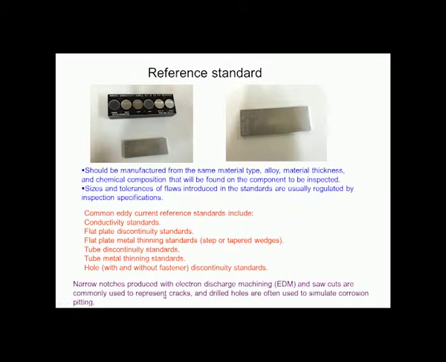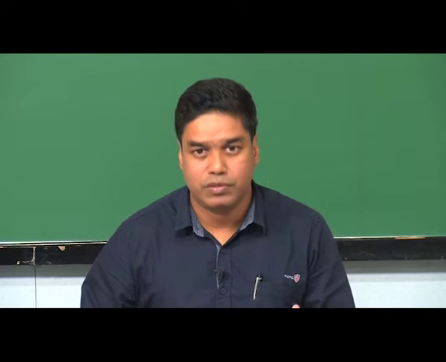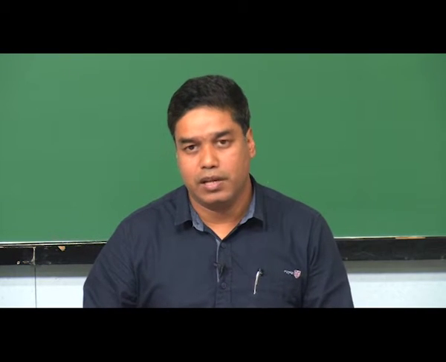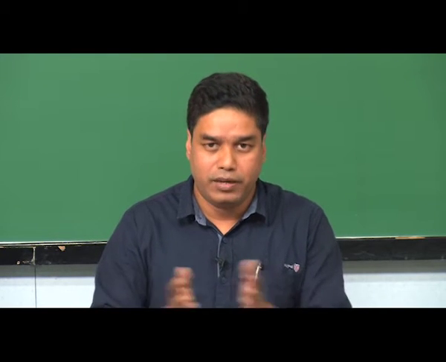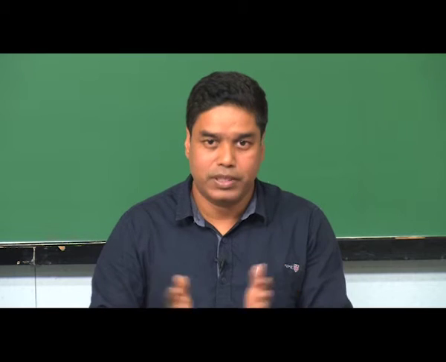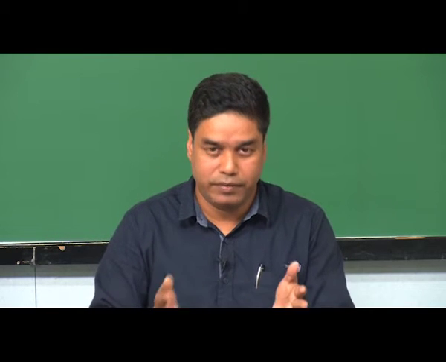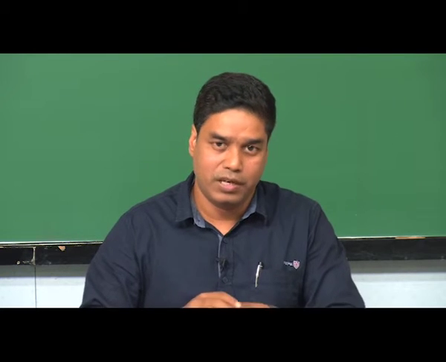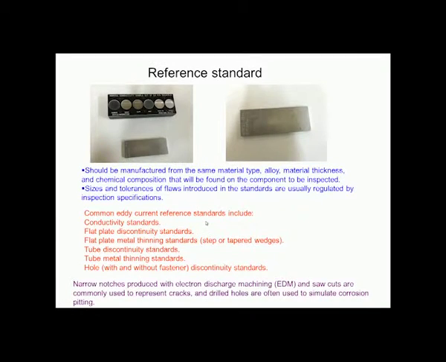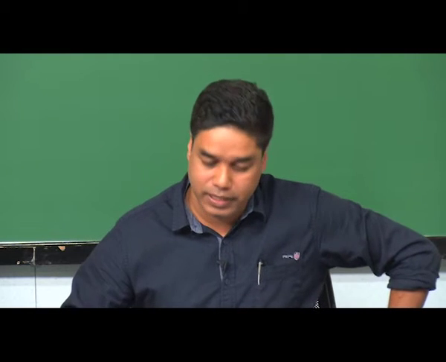So, these are different types of standards which are used depending on the actual use of the system and what kind of defect you are going to inspect. Based upon that, one of these reference standards should be selected, and you should calibrate the instrument before you use it. The point to take home here is you must calibrate the instrument before you use it, so that you do not end up with erroneous results.